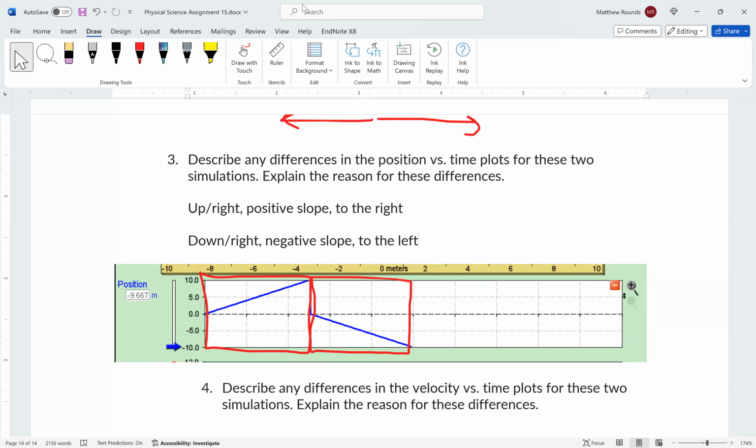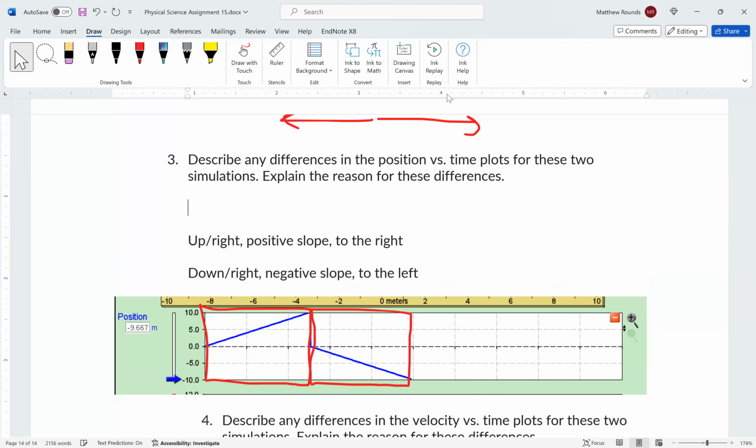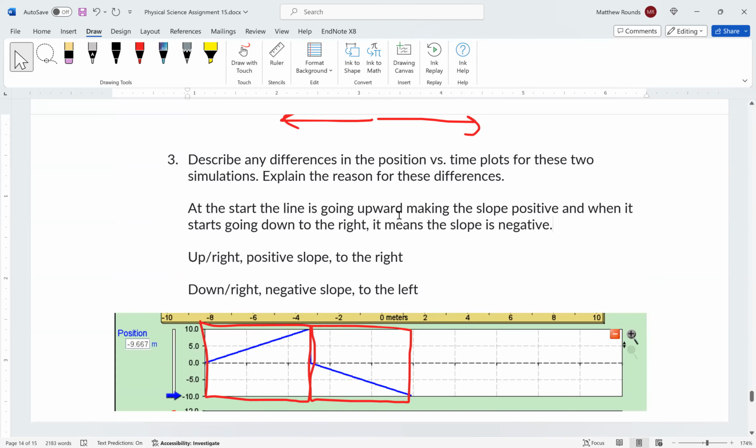All right. Okay. So, all right. The start, the line is going upward, making slope positive. When it goes down, slope is negative.